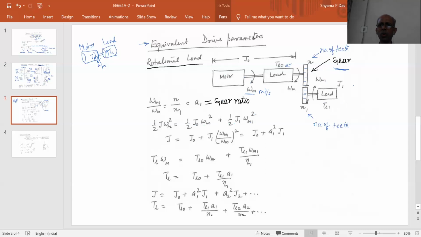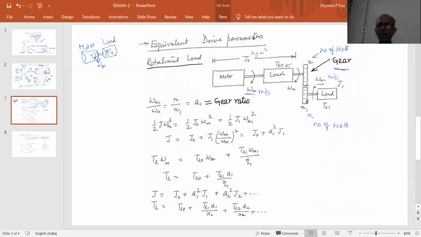And the load TL1 has a speed which is omega m1, again in radian per second. And the inertia of the motor-load combination of the zeroth load is J naught, in kg meter square.